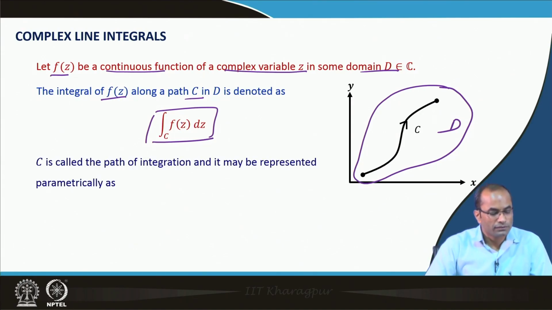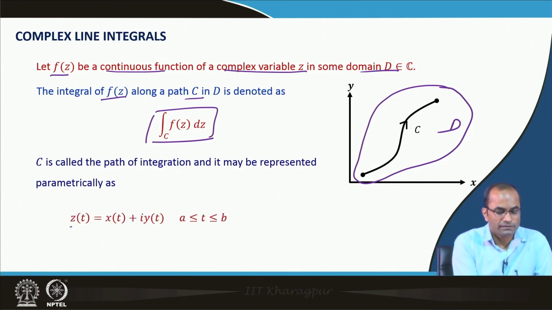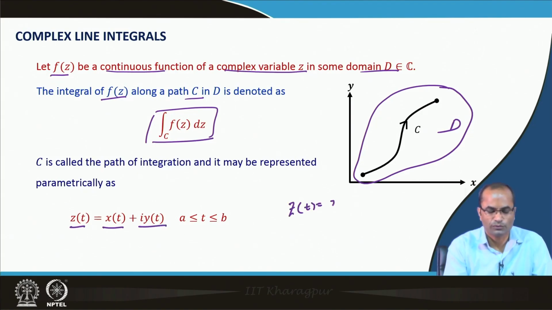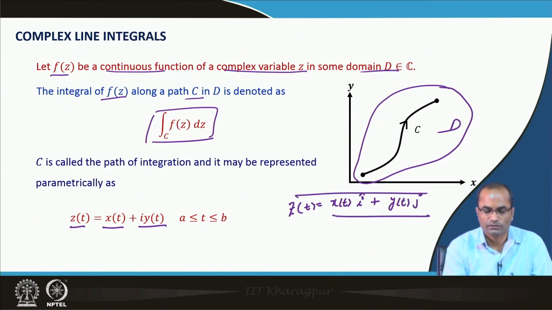The C is called the path of integration, and it may be represented parametrically, similar to the vector context, as z(t) equal to x(t) plus i y(t). Remember, there we used to have z(t) equal to x(t) times the unit vector in the direction of x axis, and then y(t) in the direction of y.